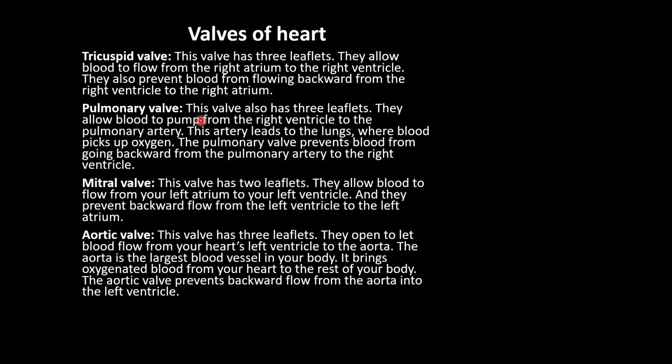And the pulmonary valve carries blood from the right ventricle to the lungs through the pulmonary artery. This pulmonary valve also has 3 leaflets, and all the valves prevent blood from going backward. That means each opens only on one side.